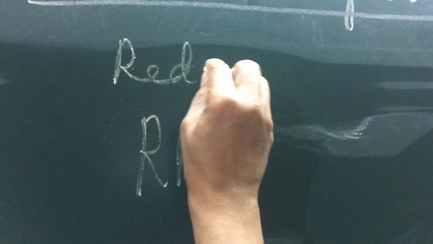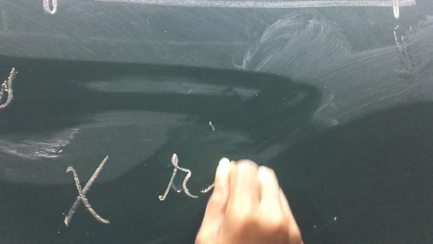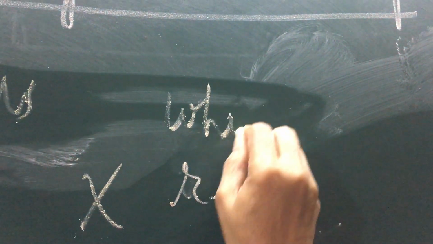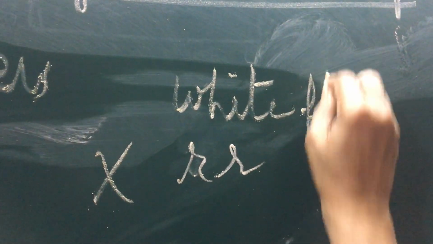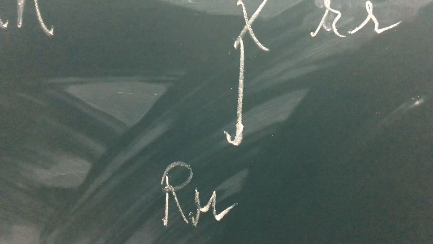For example, red flowers crossed with white flowers. The offspring according to Mendel's law will be capital R and small r.